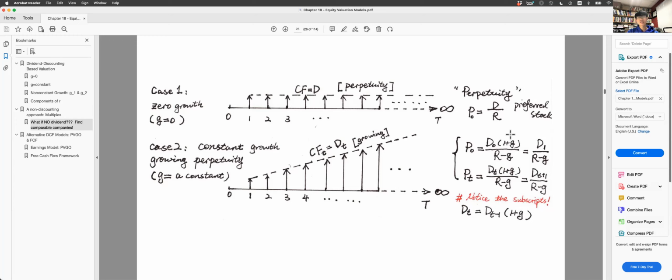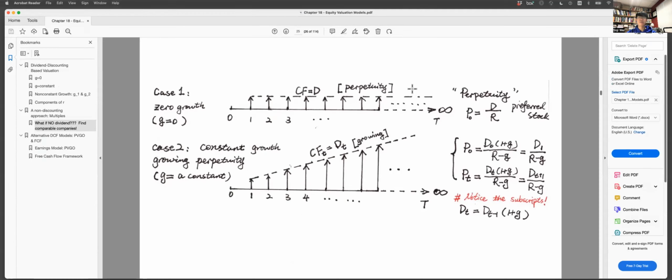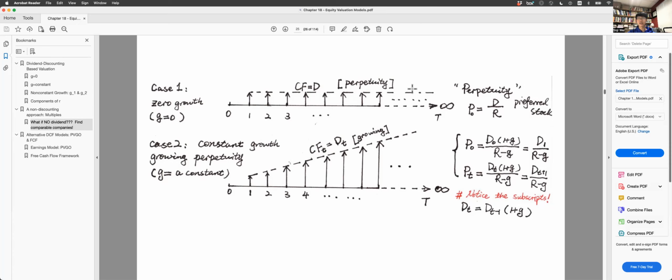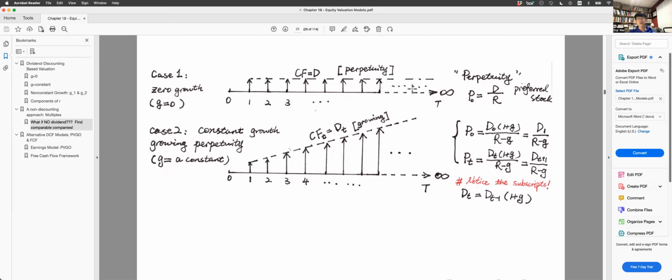If that's the case, your price will be a ratio of two things: your dividend next period over the difference between required rate of return and the growth rate. On the Canvas, I posted a standalone short note containing the detailed derivations of those formulas. If you're interested, you're more than welcome to take a look, but that's not something required.